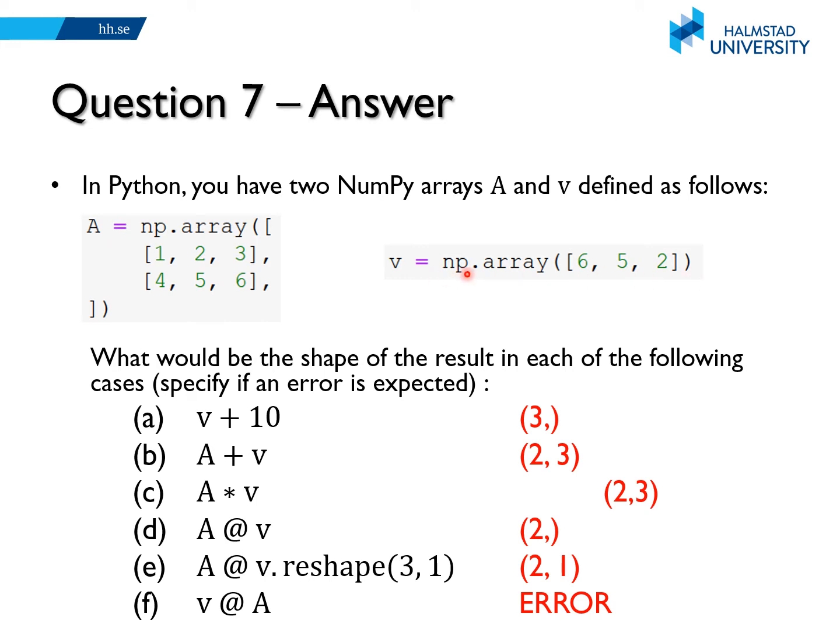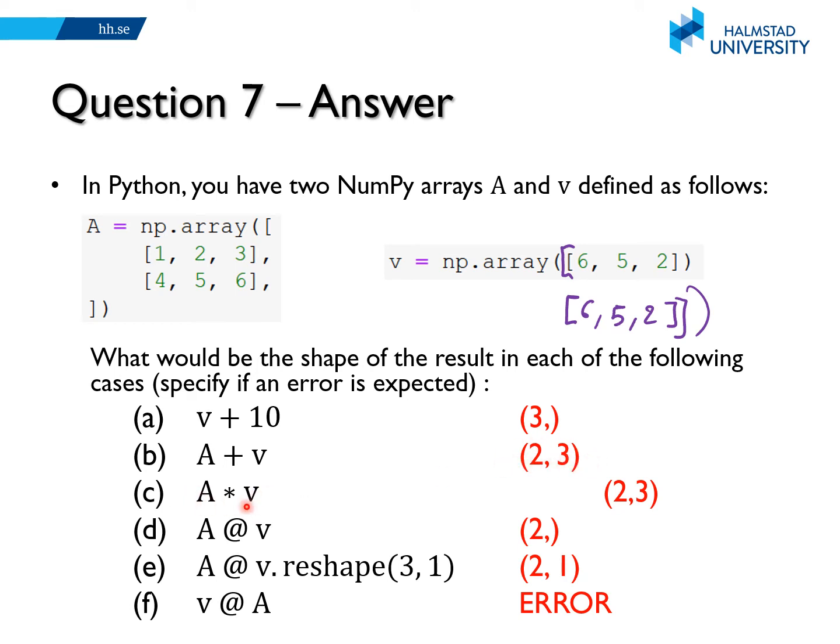But here Python will do an automatic broadcasting again because it will understand that you want to add v to each row in A. So it will broadcast v so that it has the same number of rows as A. And then just compute the element-wise addition between them. So the result will be a two-dimensional array of this shape, 2 rows and 3 columns.